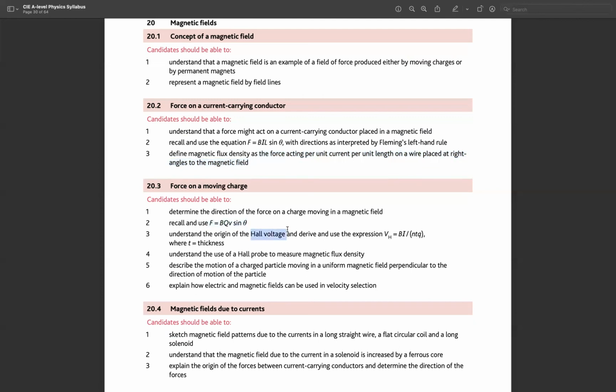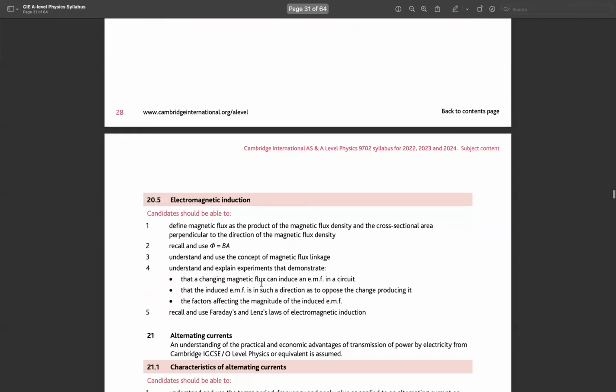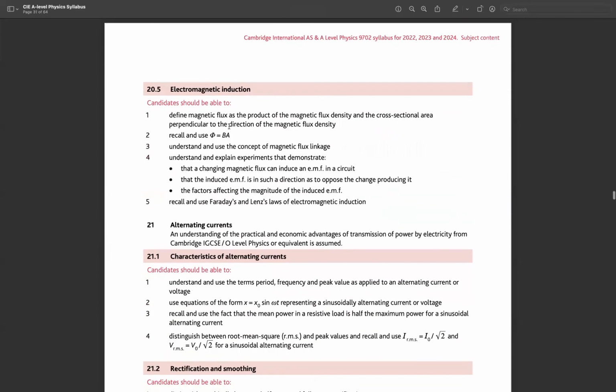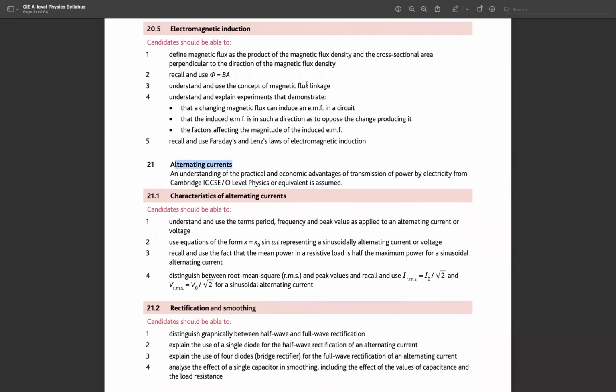Now, Hall voltage, I did not manage to cover in this lesson. I will cover it in the following lessons. We will talk about Hall voltage, Hall probe, basically all that is written here. In the next lesson, we will also cover induction, and then we'll go into alternating currents and the rest.